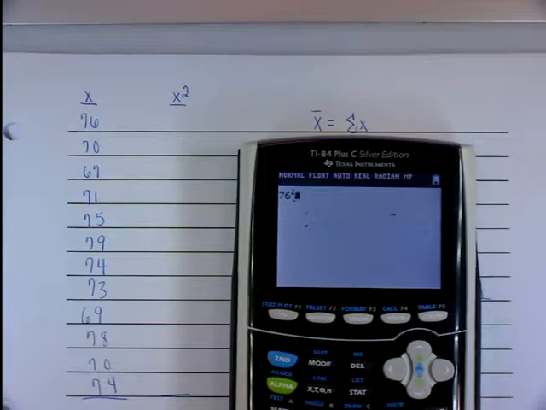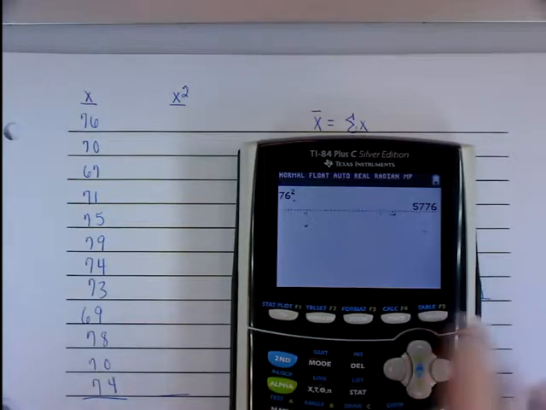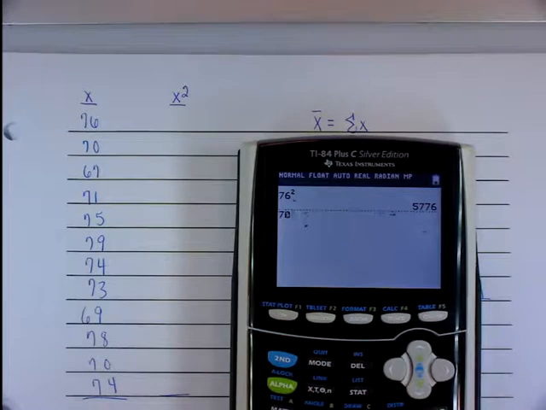76 squared, 5776. 70 squared, just so you can see a couple of these, 4900.